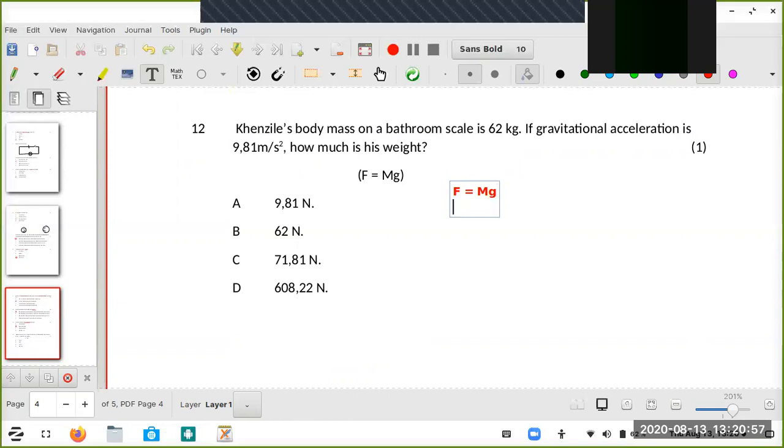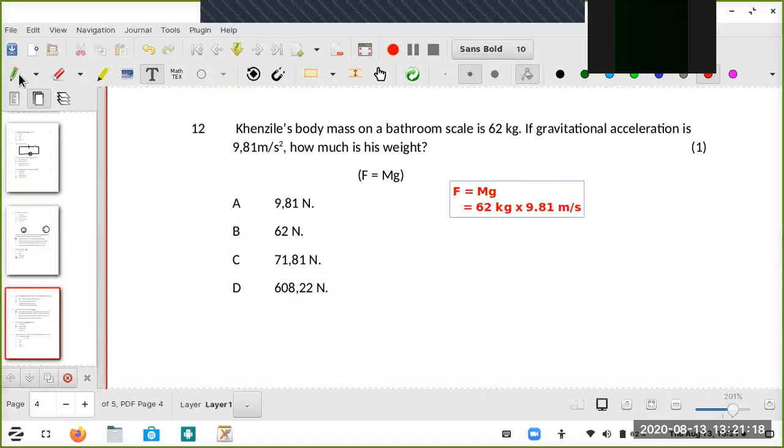That's the force. Then from there, I'm going to substitute mass. Mass is 62 kgs. Then we multiply by 9.81 meters per square second, right?